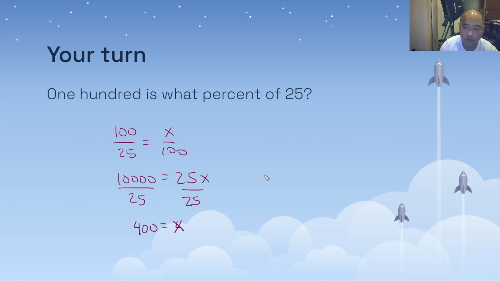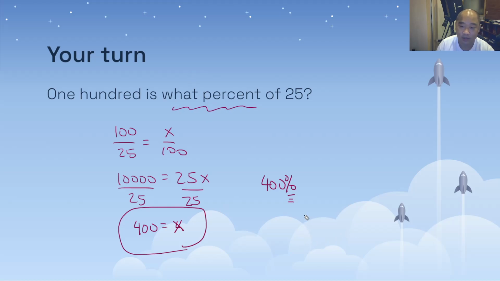So 400%. Don't forget to write the percent. If you just write x equals 400, that's not the answer. It's asking what percent. So this is not the answer. This is the answer. Ding, ding, ding.